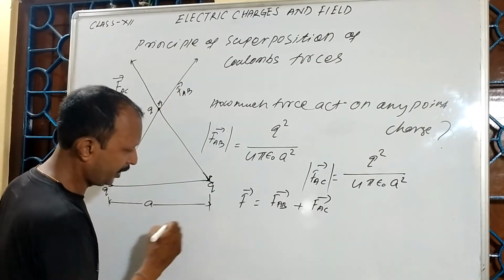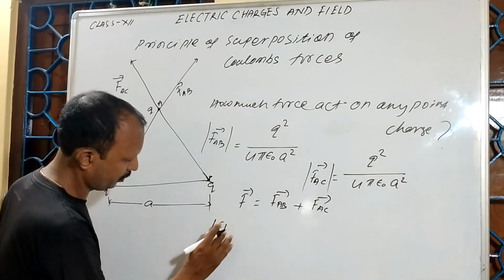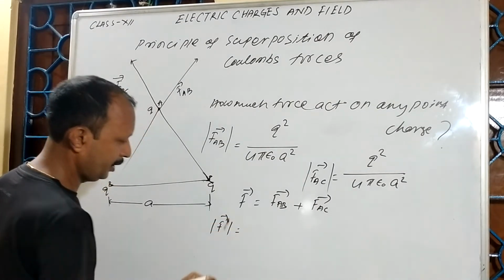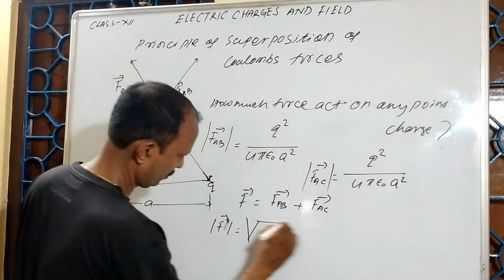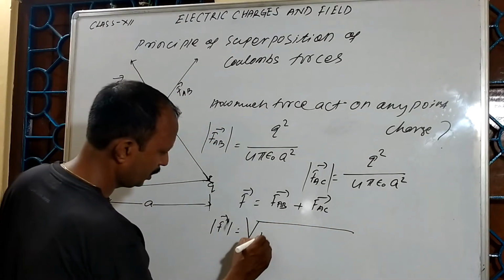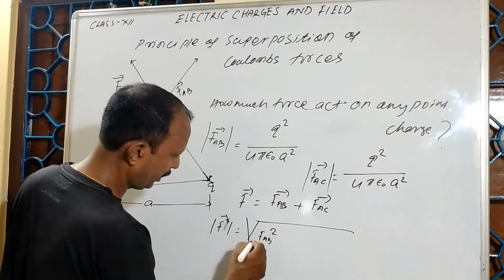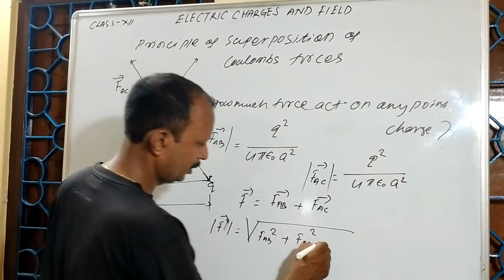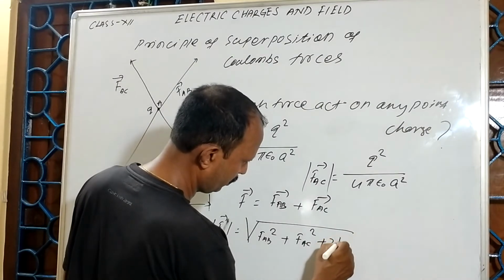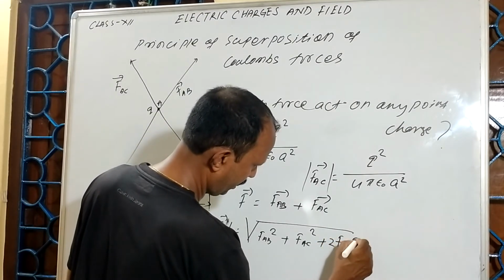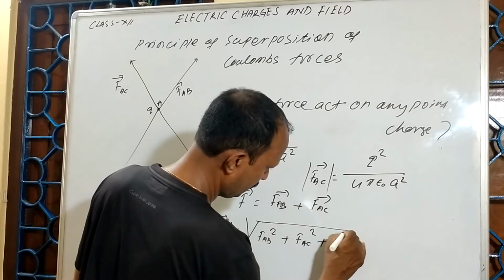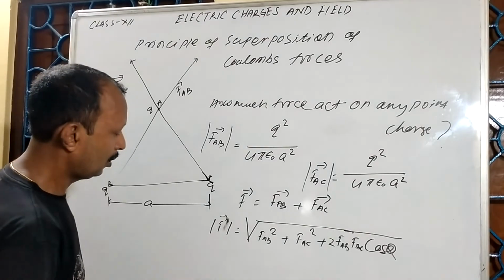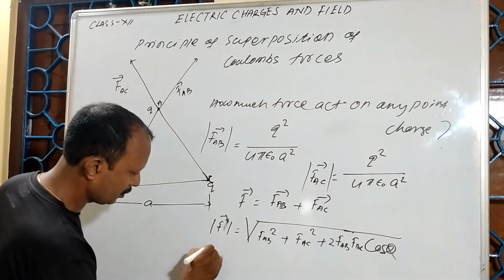So its magnitude will be equal to the square root of F AB square plus F AC square plus 2 F AB F AC cos theta.